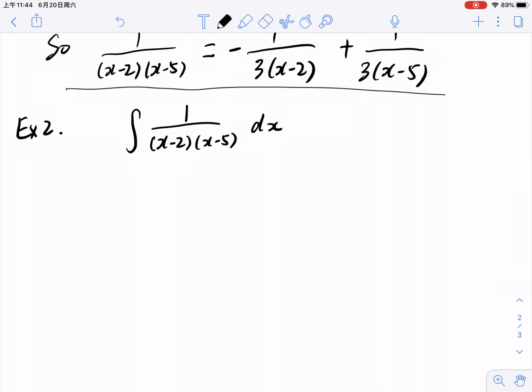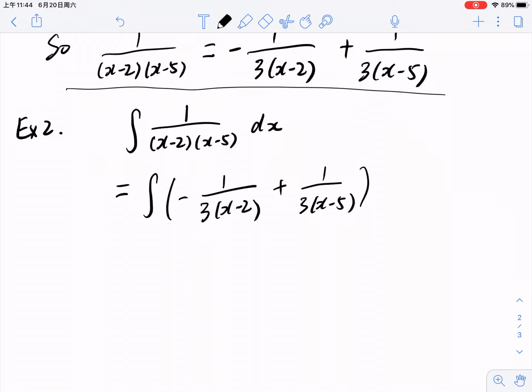So we can rewrite this integral as the integral of negative 1 over 3(x minus 2) plus 1 over 3(x minus 5) dx.